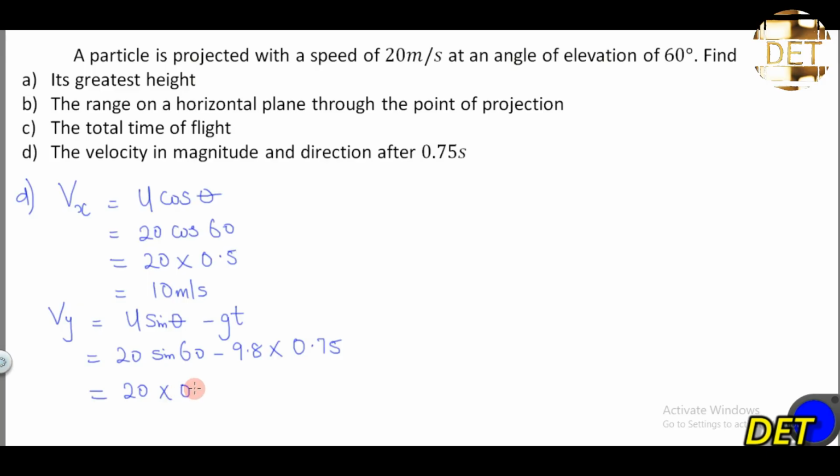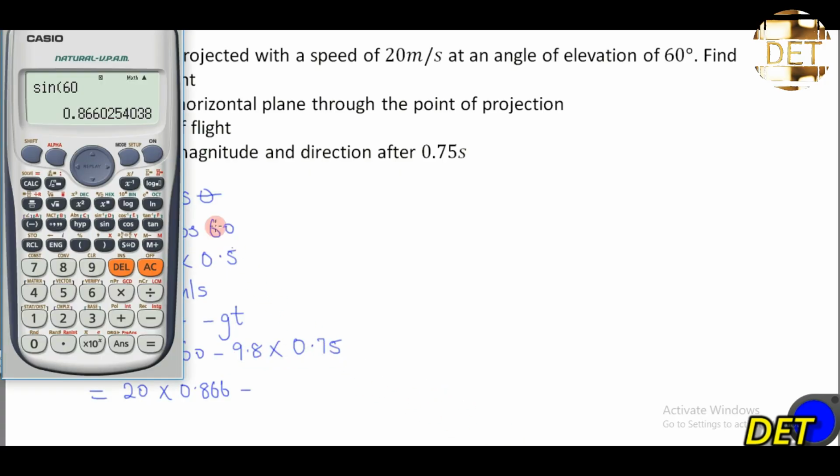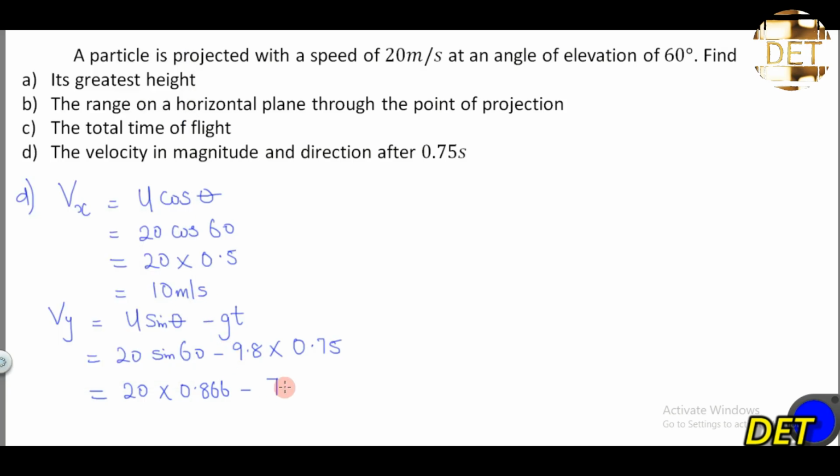So times 0.866 minus 9.8 times 0.75, 9.8 times 0.75, that will give us 7.35, right? Minus 7.35.